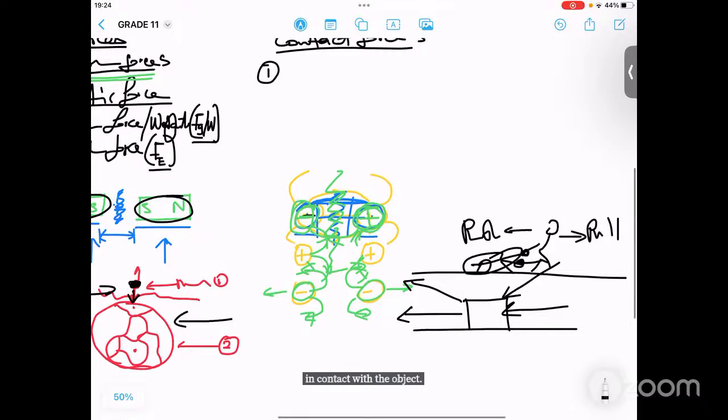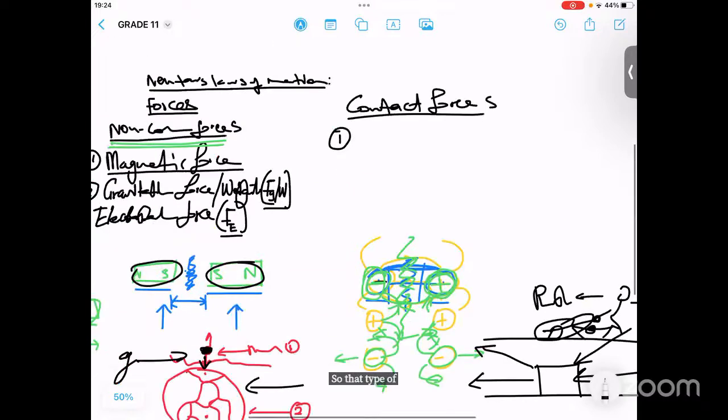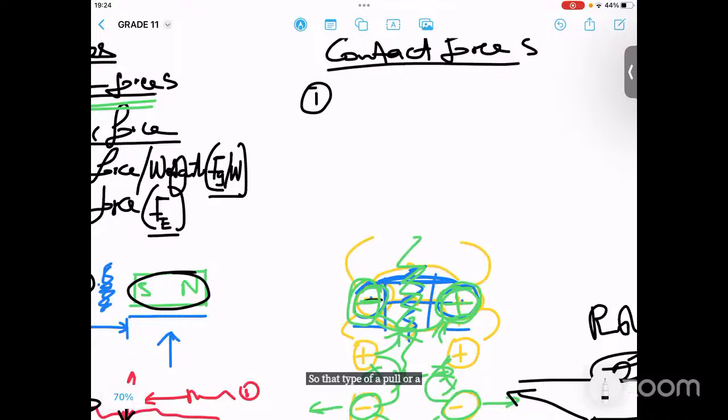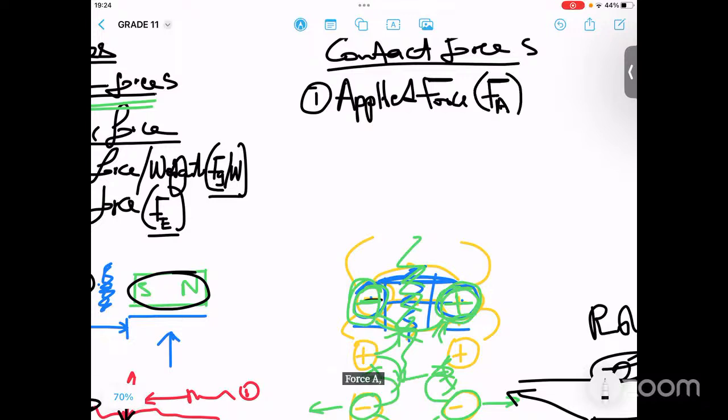That type of pull or push force, we refer to as an applied force. And then we shorten it to be force A, meaning applied force. You just need to know that a force which is being applied can be in the form of a push or a pull.